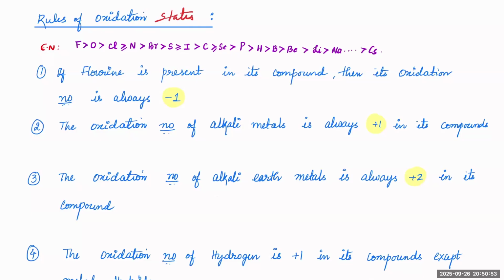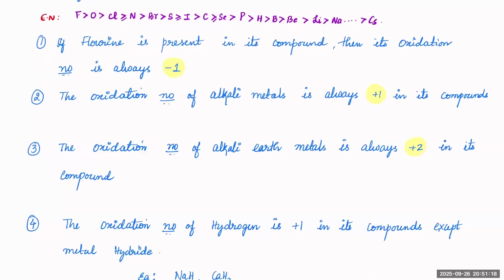So this can be standardized: fluorine's oxidation state always remains -1 in a compound. In a free state, it's different, but in a compound with other elements, it will always remain -1. Clear?